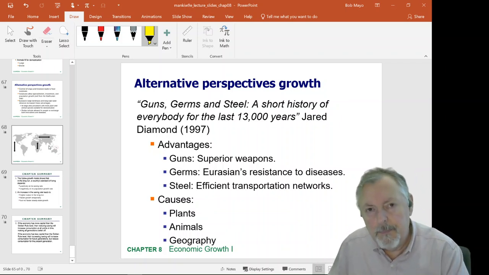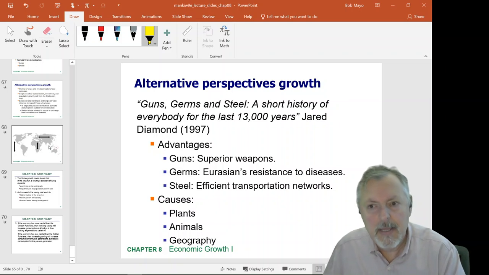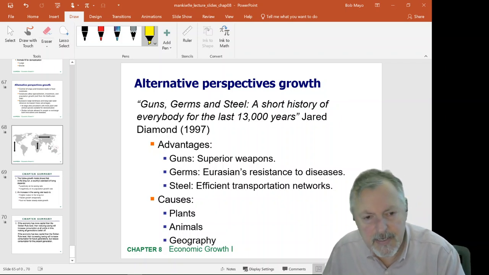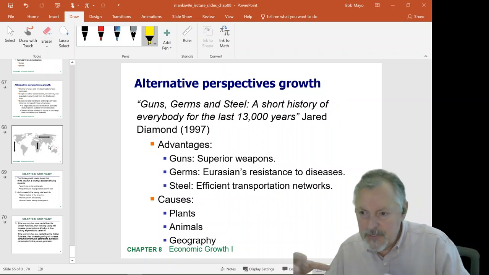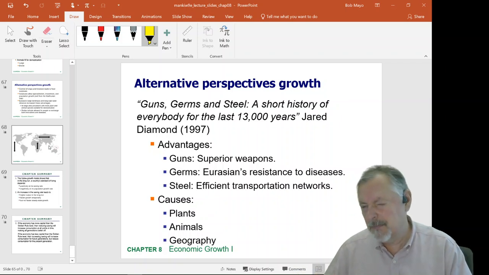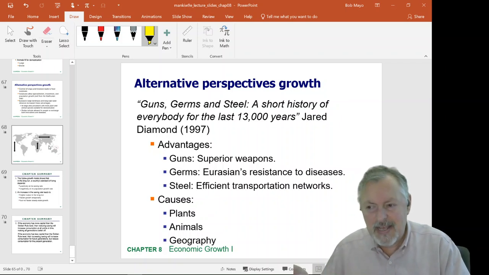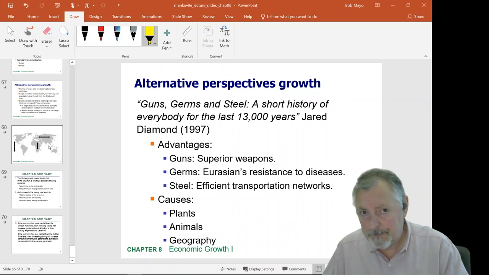But if you add more people, and each person has one good idea, well, you don't have to divide the ideas among more people so that each person has fewer ideas. One good idea can be used by multiple people at the same time. If your society is producing one good idea a year and you have 100 people, 100 people can use it. If you have 1 billion people, 1 billion people can use it.